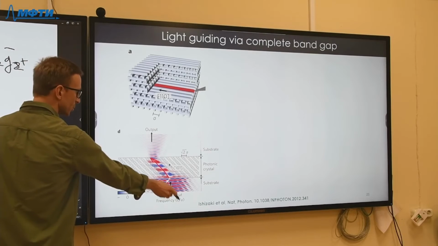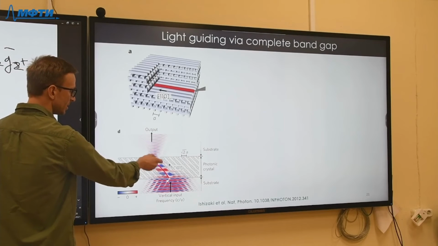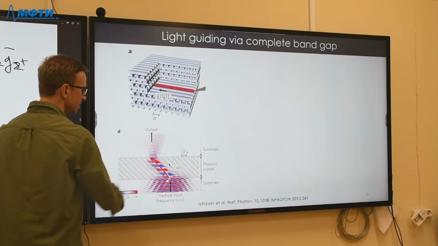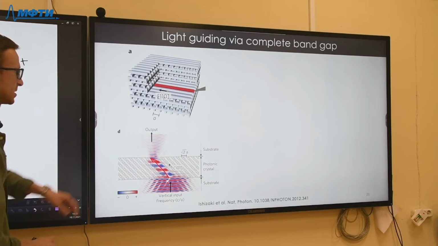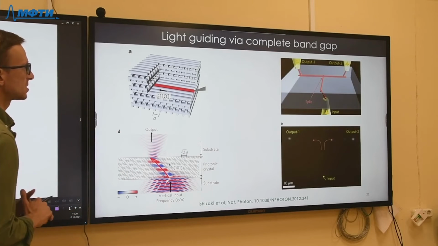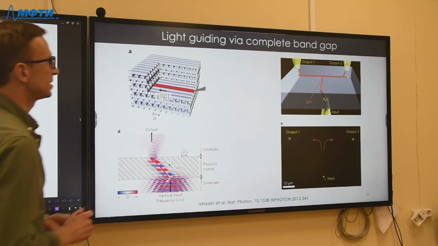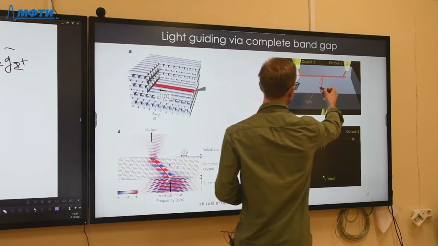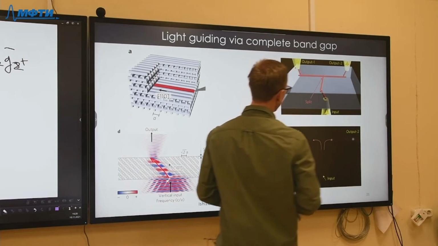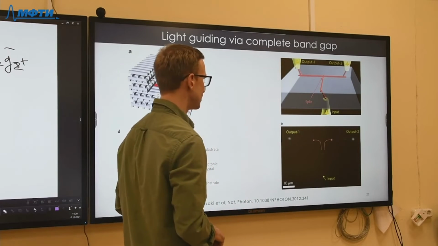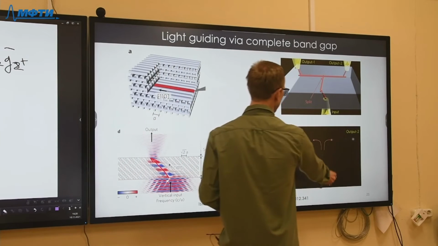So it is forced to flow in one direction until it reaches the output and it radiates from the output outside. And then the others started doing even more complicated things. They started to drill many channels inside. They started making different turns, junctions, and they observed indeed that light does propagate through this channel.